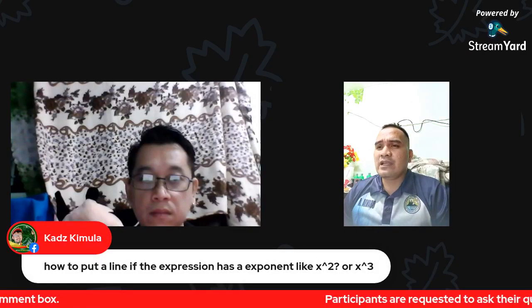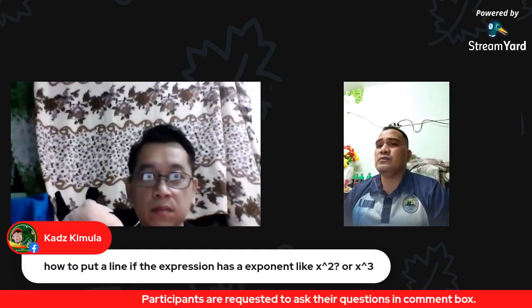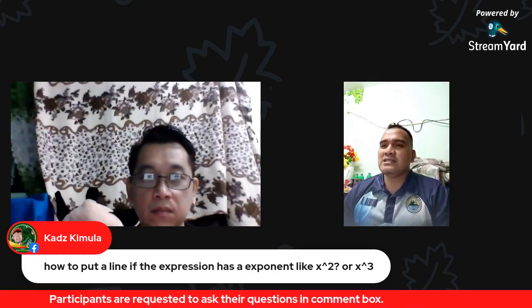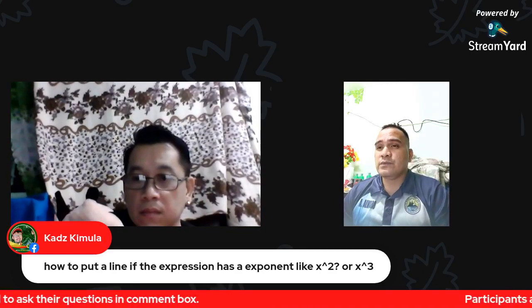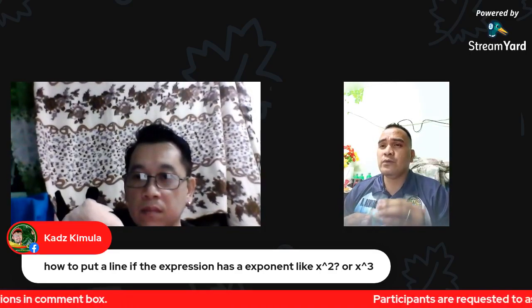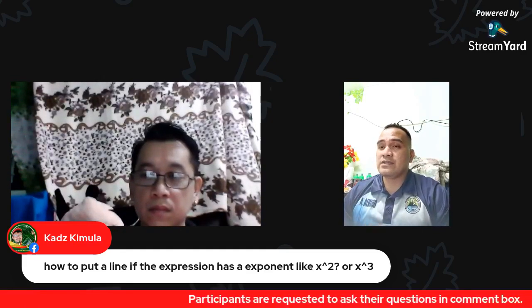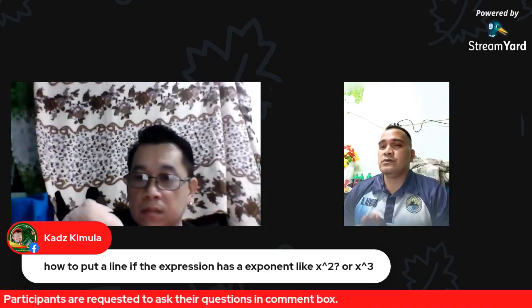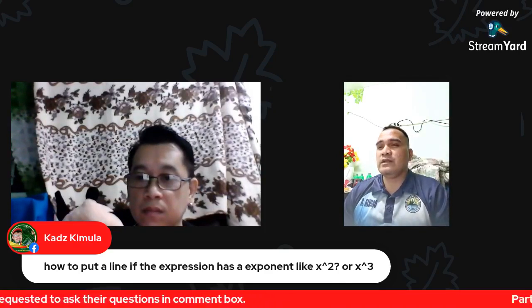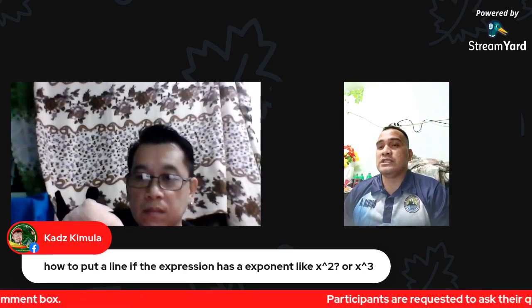How do you put a line if the expression has an exponent like x squared or x cubed? As I've said earlier, if you multiply x squared and x cubed, we have six regions: x to the fifth, x to the fourth, x to the third, x squared, x, and constant.